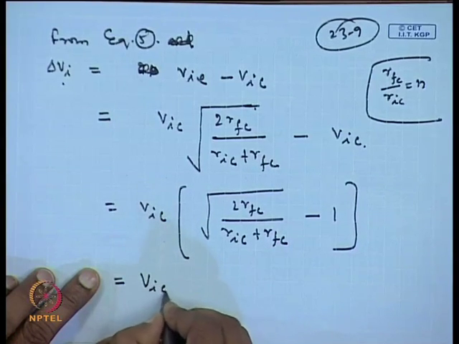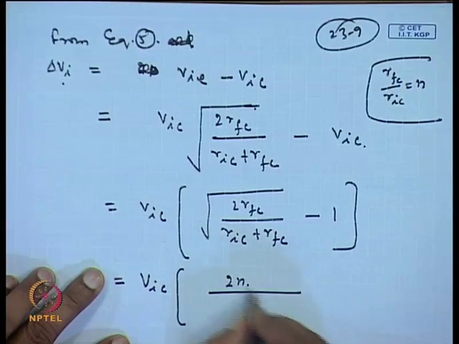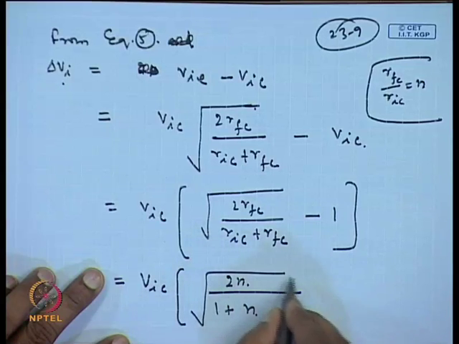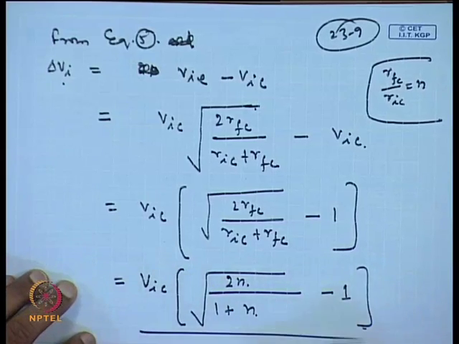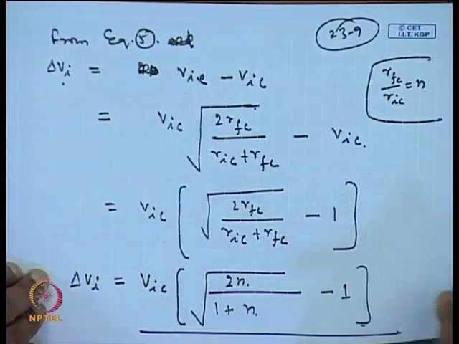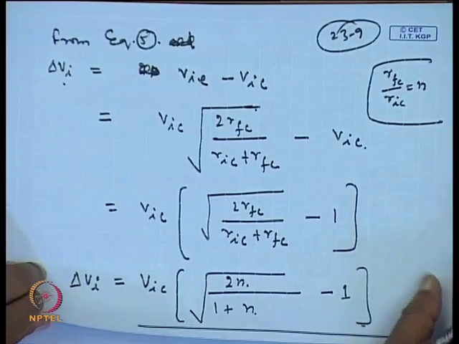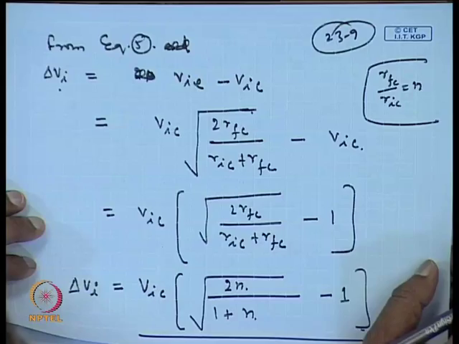So, this becomes V I c times the square root of 2 n divided by 1 plus n, and then minus 1. So, this is the impulse required at the initial point, and this is the equation we have derived, equation number 1 that we have written.